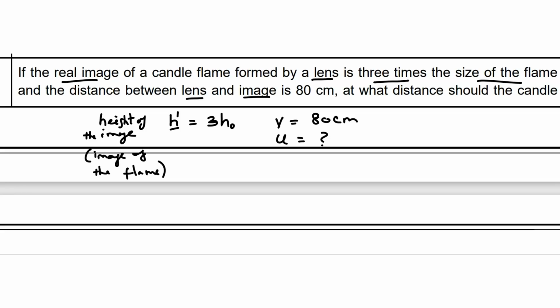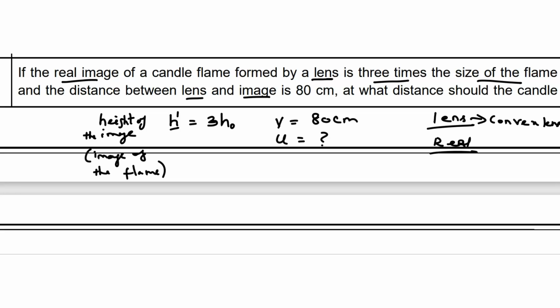With the given information, the object is a lens and it is forming a real image. We get a real image only if the lens is a convex lens, isn't it? Because in a concave lens, irrespective of the position of the object, we get a virtual and erect image. Only in the convex lens are we getting the image to be real.